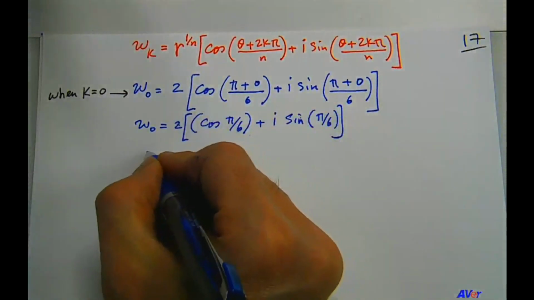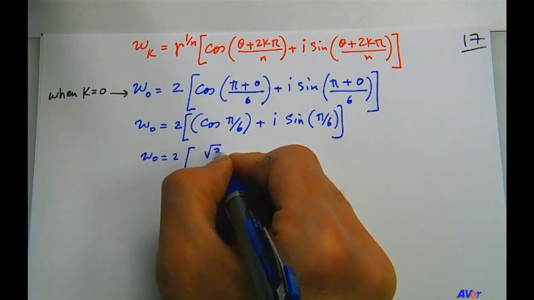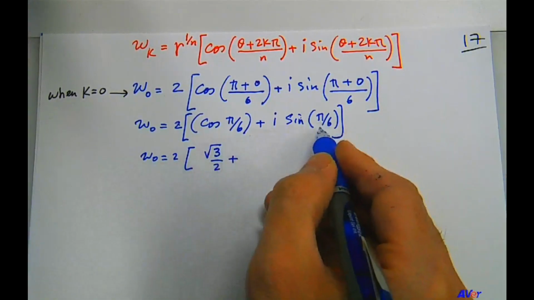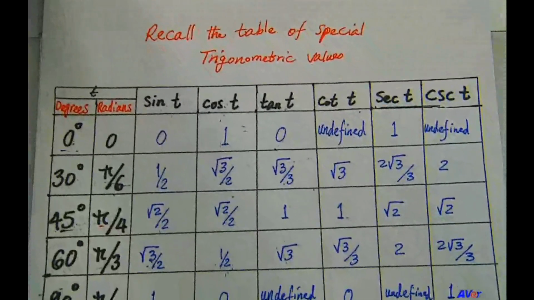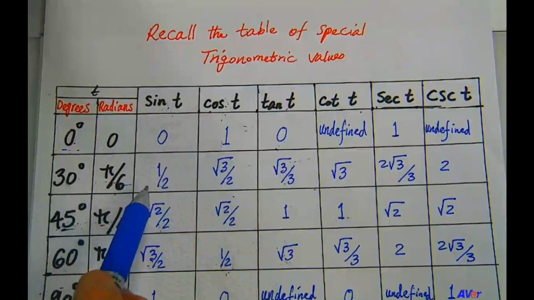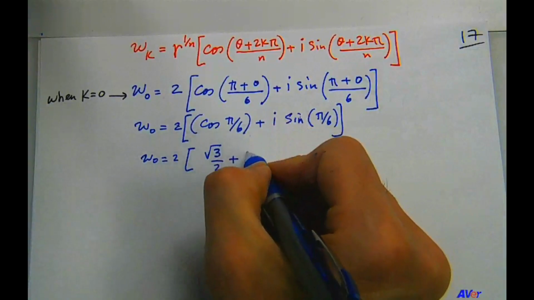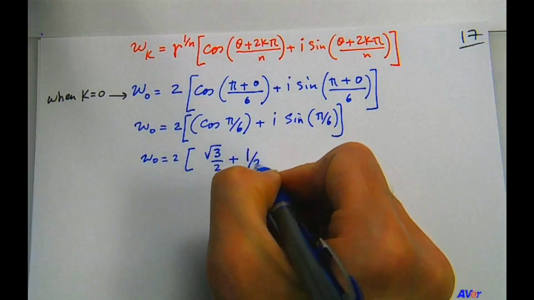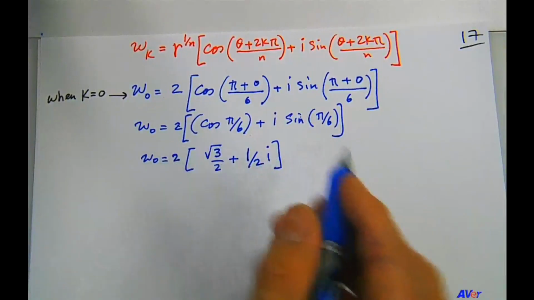So therefore, we have 2 times square root of 3 over 2 plus, what is sine of pi over 6? Do you remember? It's right here. Sine of pi over 6 is 1/2. So 1/2 I, then distribute this 2 into this.